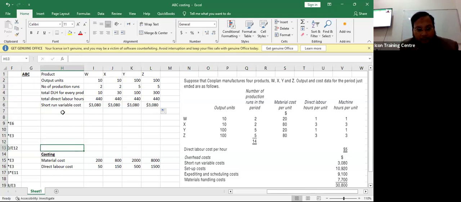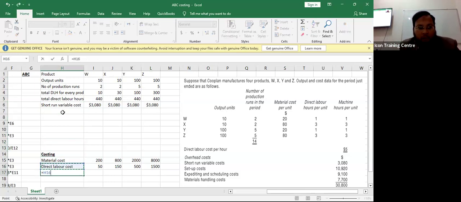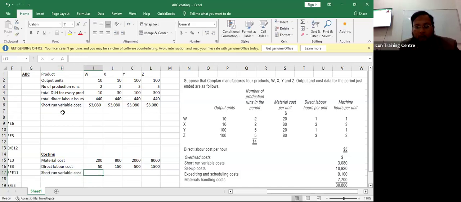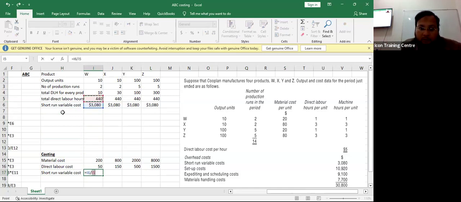So here we will write short run variable cost product wise. And how do we do that? It is equal to the total amount divided by how many total hours we work? 440.